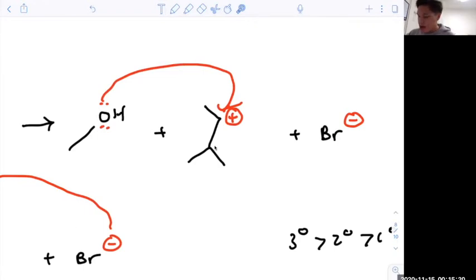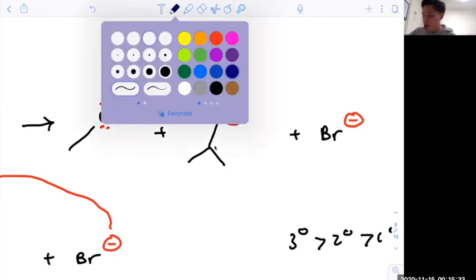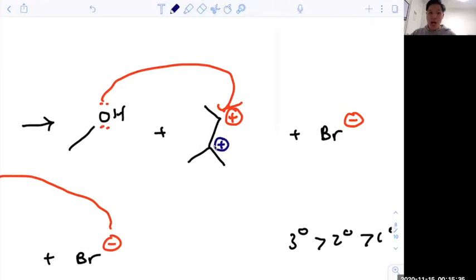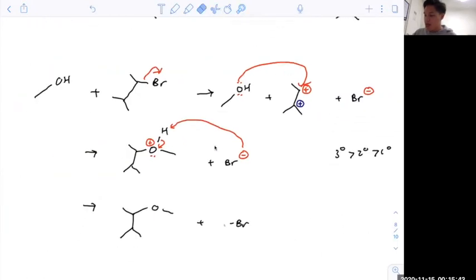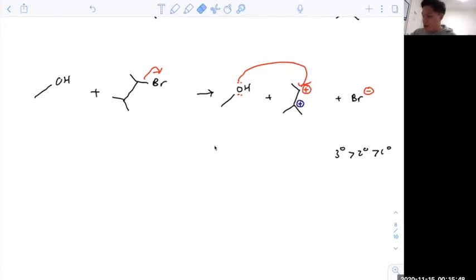It's a secondary carbocation. But what if there was a tertiary carbocation right below it, which there is right here, right? If the positive charge was on this carbon, it would be a lot better, right? Because it's 1, 2, 3. And this whole process isn't going to work. It's not going to be favored.